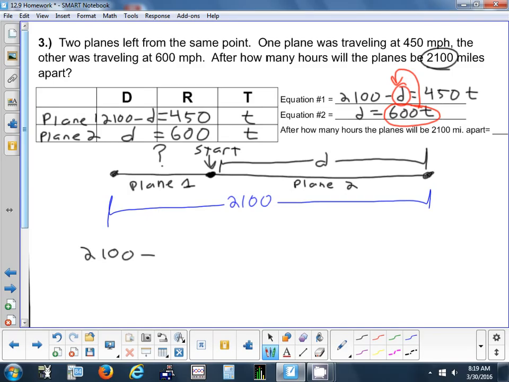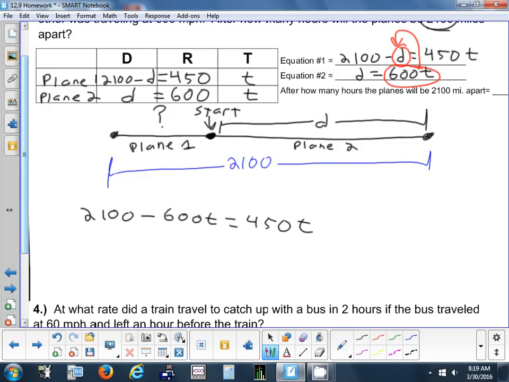2100 minus, don't write D, fill in 600T. Now I'm going to have 2 steps. First step, I want to move negative 600T to the other side. So I'm going to add it. Can anybody tell me what 450 plus 600 is? It's 1,050, thank you.